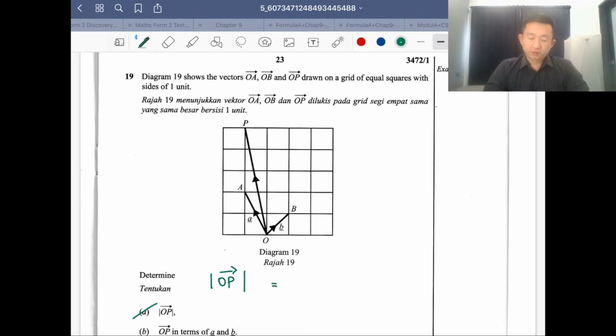To travel from O to P, one step to the left, so negative 1i, 5 steps to the top, plus 5j. This is the vector for OP.